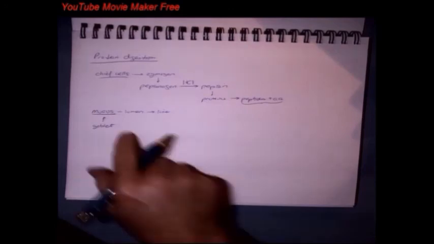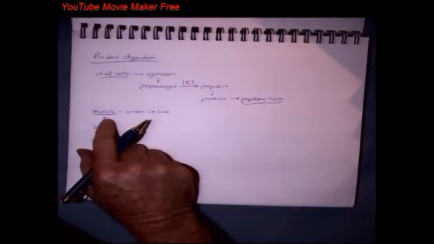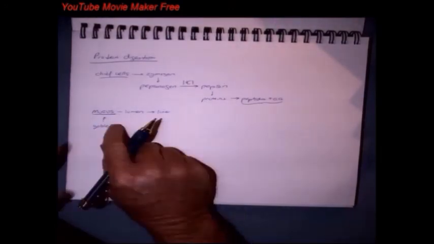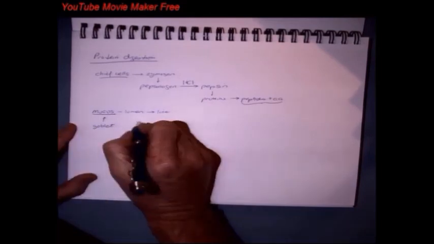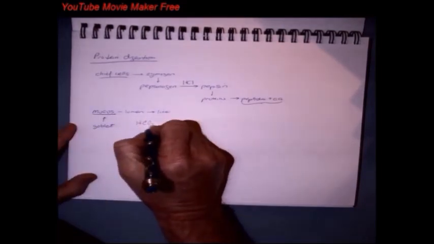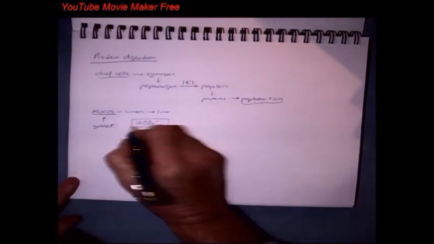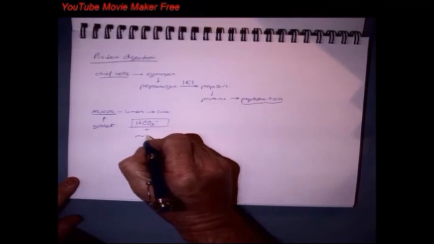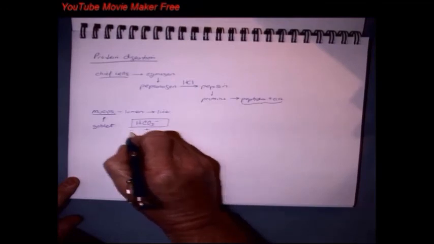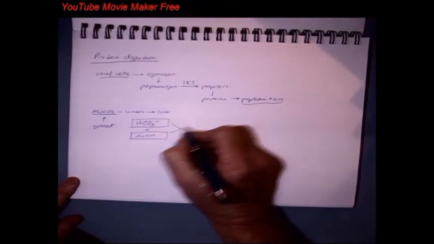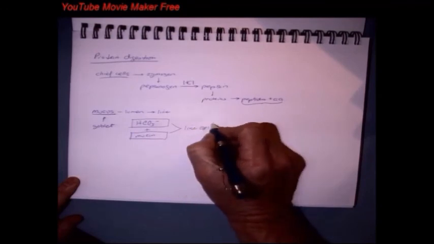So they produce mucus, these mucin proteins, for protection, but they're also secreting something else that's very critical. They're secreting bicarbonate ion, and this, plus the mucus, the mucin proteins, are going to line the epithelia.